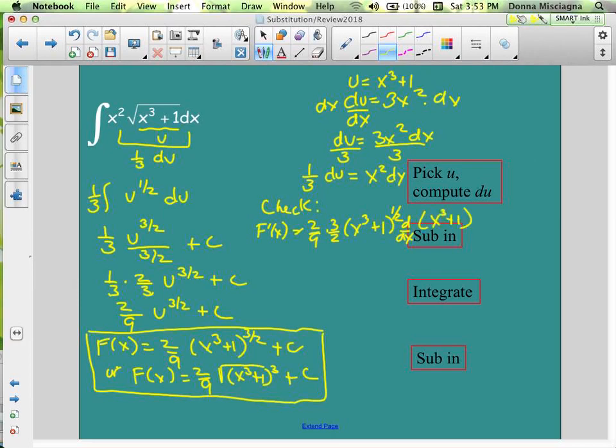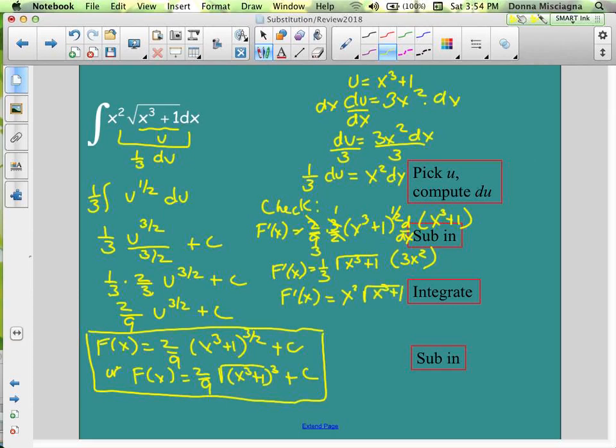So the 2's would cancel, and this would become a 1/3. So f prime of x equals 1/3 times the square root of x cubed plus 1 times the derivative of x cubed plus 1, which is 3x squared. The 1/3 and the 3 cancel, so f prime of x equals x squared times the square root of x cubed plus 1.